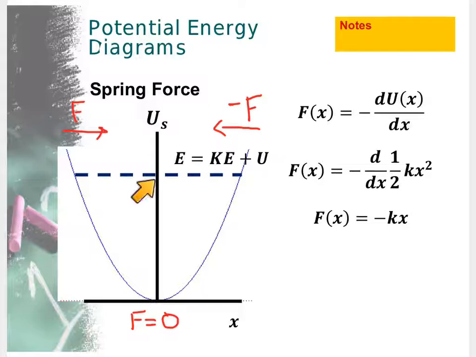Let's say I was coming from the left and going to the right, I'm going to continue through this point. There's nothing stopping or slowing down my object on the spring at this point, so it's going to keep on going. But as it keeps on going, the kinetic energy gets smaller and smaller until it hits this point here, and then the kinetic energy is 0, so it has stopped at this point.